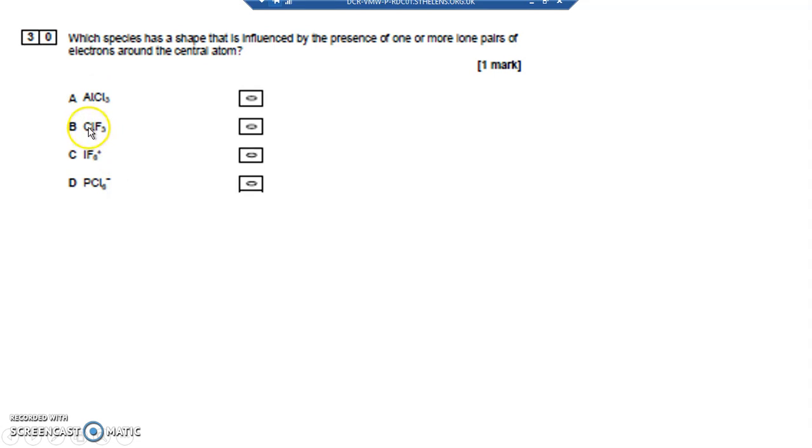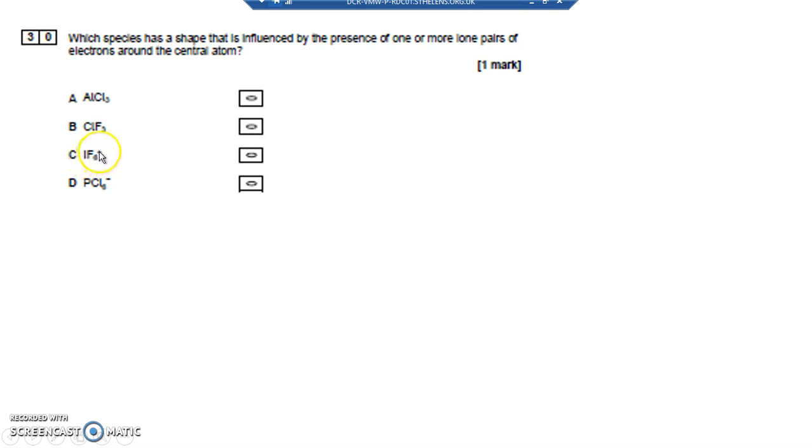ClF3, well, Cl's in group 7, 3 F's bond to 3 of those electrons in 3 covalent bonds. That will leave 4 electrons left over. It'll have 2 lone pairs. Those 2 lone pairs will go one up and one down at 180 apart, and will leave 3 bonding pairs in a trigonal planar shape with a bond angle of 120. So that's influencing the shape. That's got lone pairs.